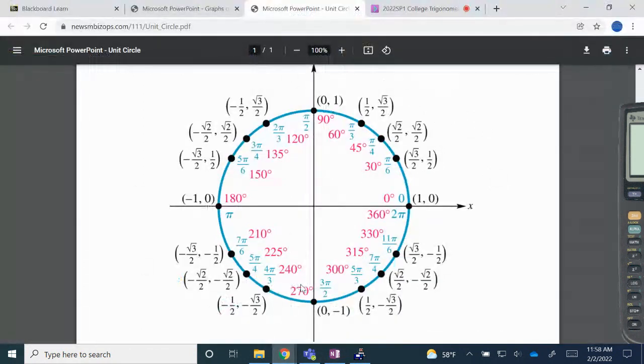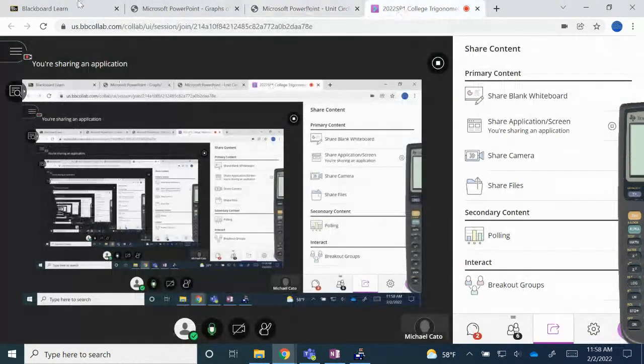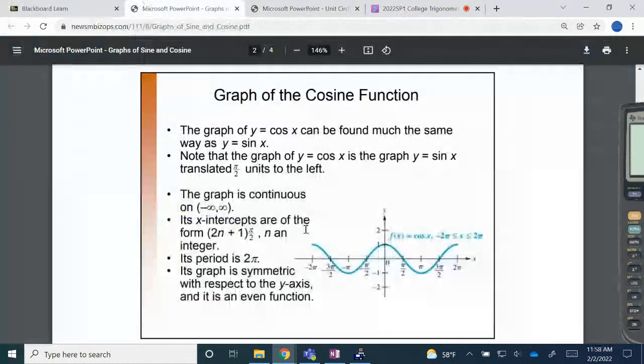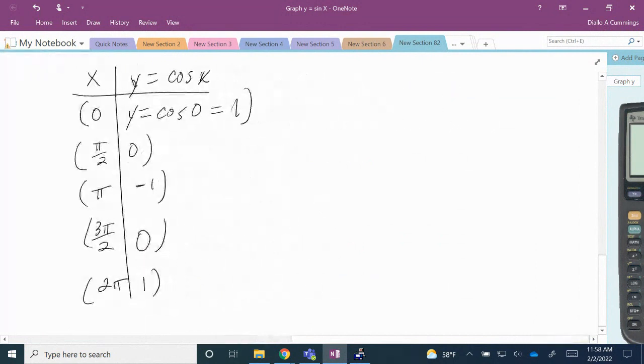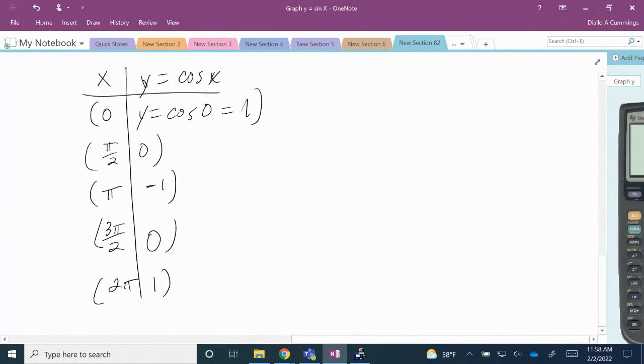So if we find 3 pi over 2, cosine is 0. And we complete one complete rotation back at positive 1. All right, and now we're going to sketch.